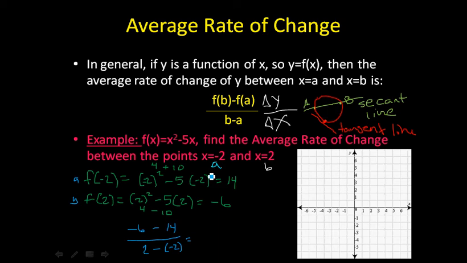So -6 minus 14 is -20, divided by 2 minus -2, which is just plus, so that's 4. So that gets us -20 divided by 4, which is -5. So that is the average rate of change between the 2 points.